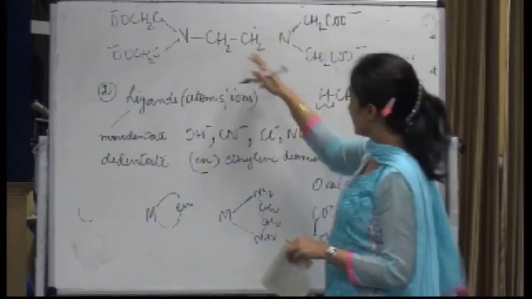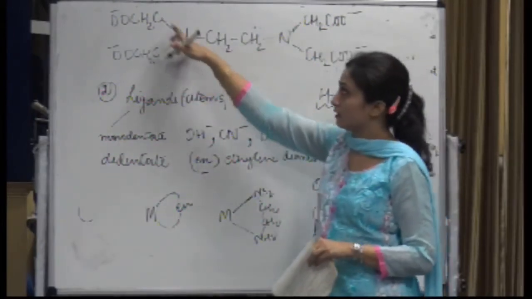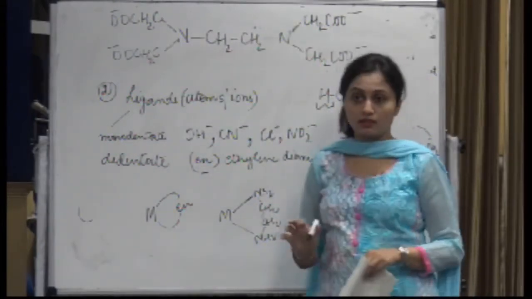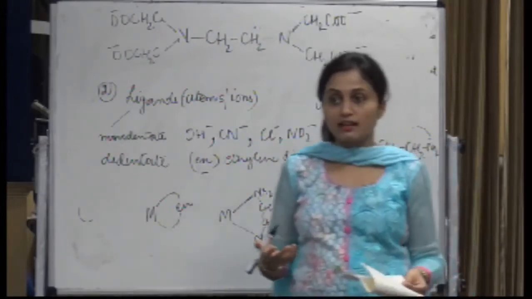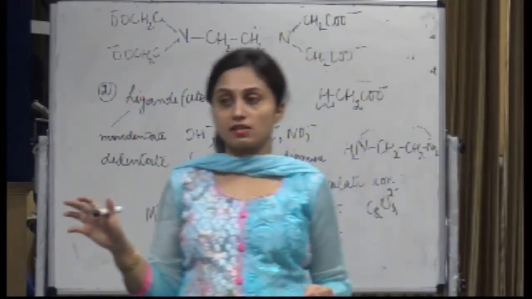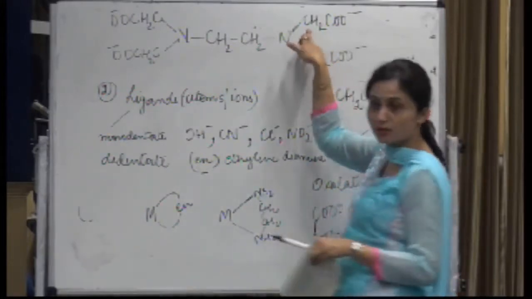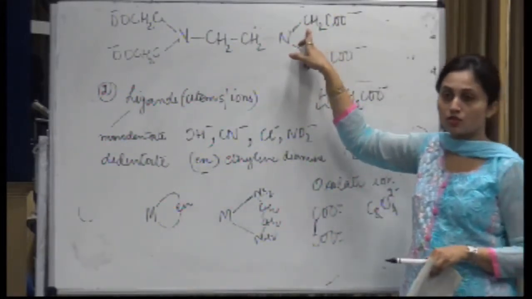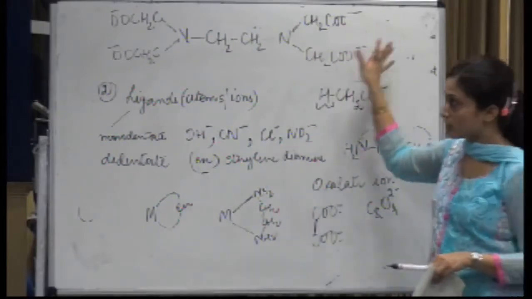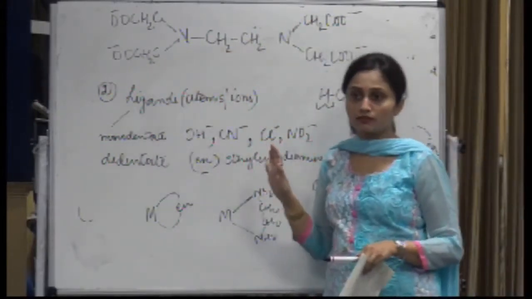Now this is ethylene diamine tetraacetate, and otherwise what is your acetate ion? CH3COO minus. While attaching, one hydrogen has to be removed, because the valency of carbon should be satisfied, so it will be CH2CO. So this is just to explain the structure.